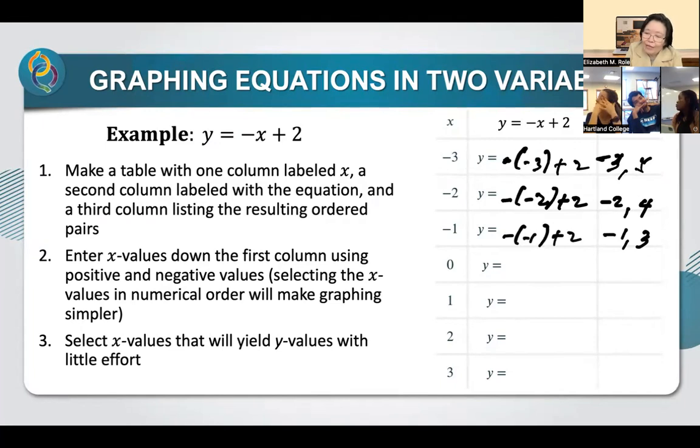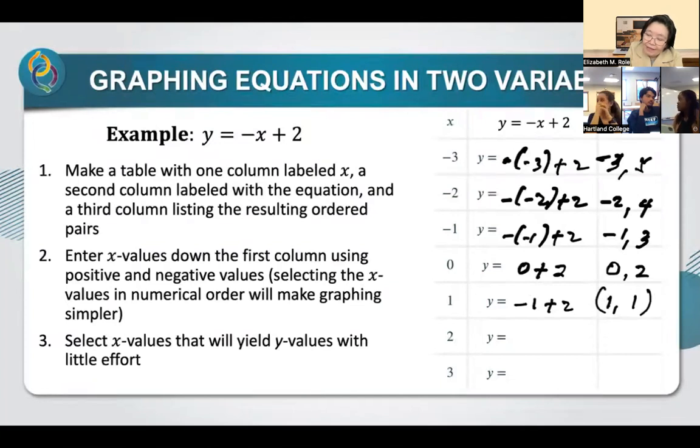If x is 0, the coordinates are 0, 2. If x is 1, it'd be 1, 1. Good.